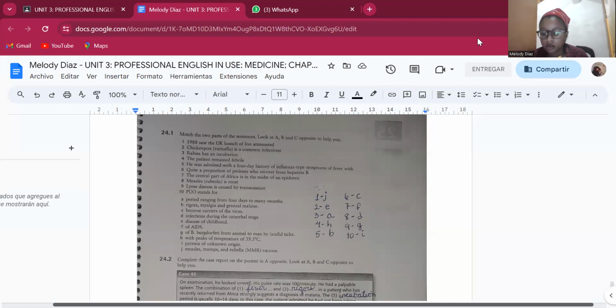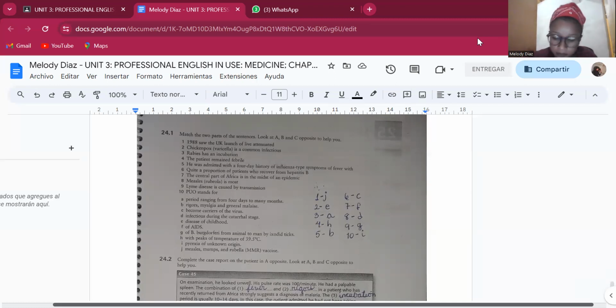Number 1 to letter J, number 2 to letter E, number 3 to letter A, number 4 to letter H, number 5 to letter B, number 6 to letter C, number 7 to letter F, number 8 to letter D, number 9 to letter G, number 10 to letter I.